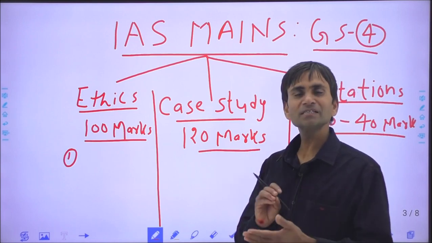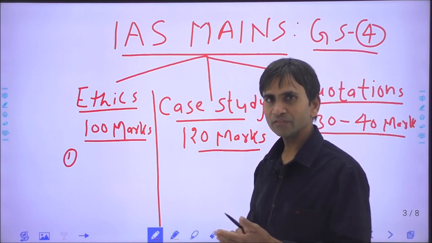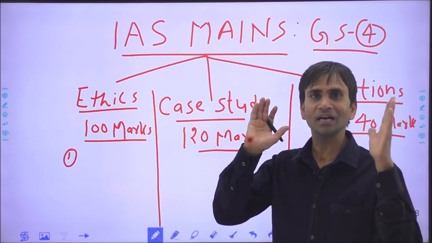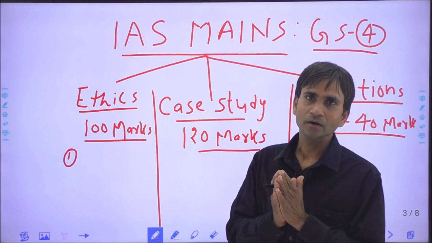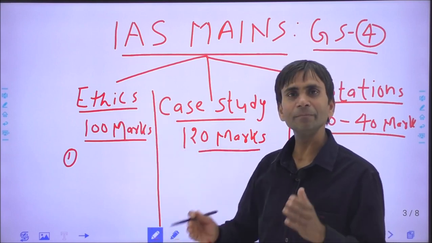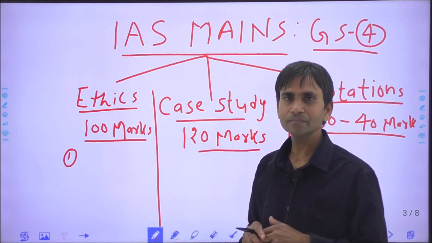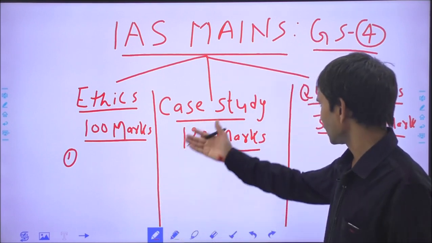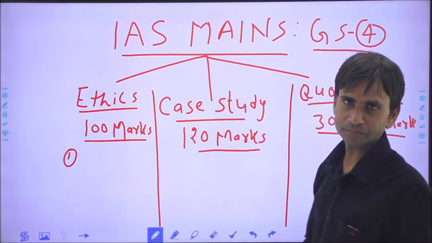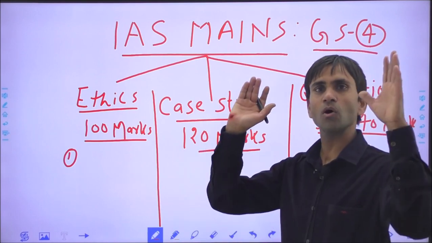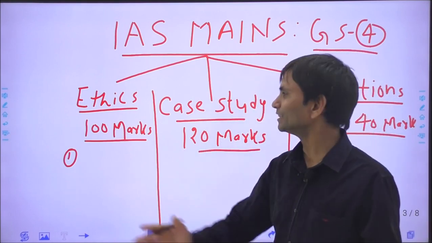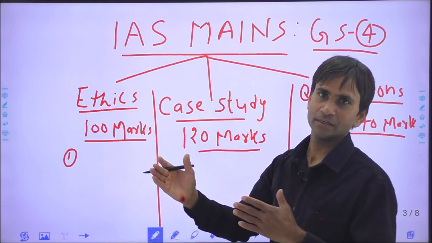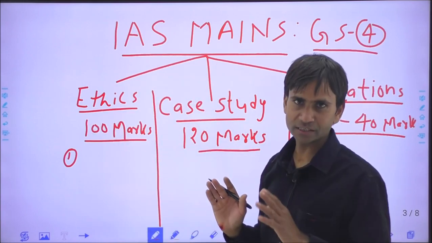This is my personal opinion: if you have conceptual clarity about all the topics mentioned in the syllabus, you can definitely solve the case studies or quotations. If there is no conceptual clarity in these topics, definitely you will lack in solving these questions.